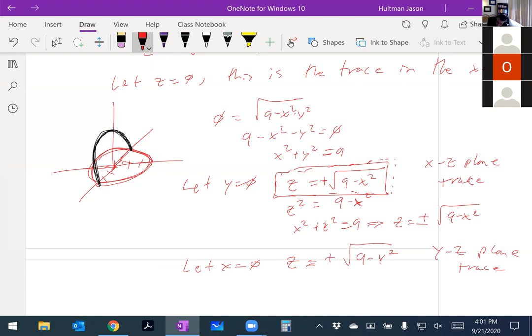Okay, so where's the yz plane? Again, this is xyz. Where's the yz plane here? Well, it would be this guy here. It's kind of hard to see, but we would get that guy, it's in purple.